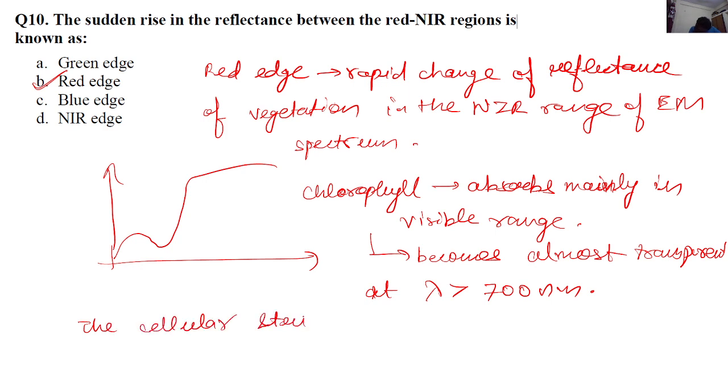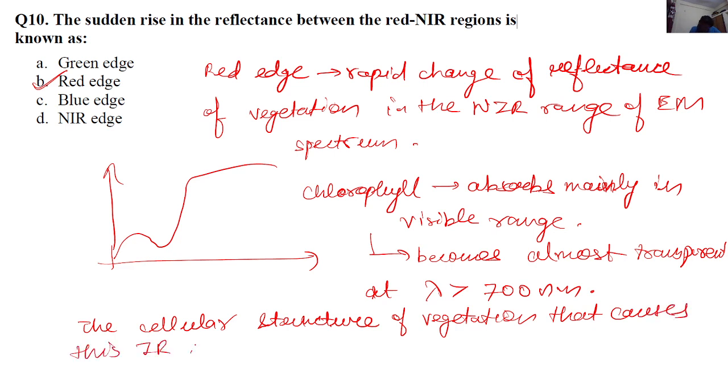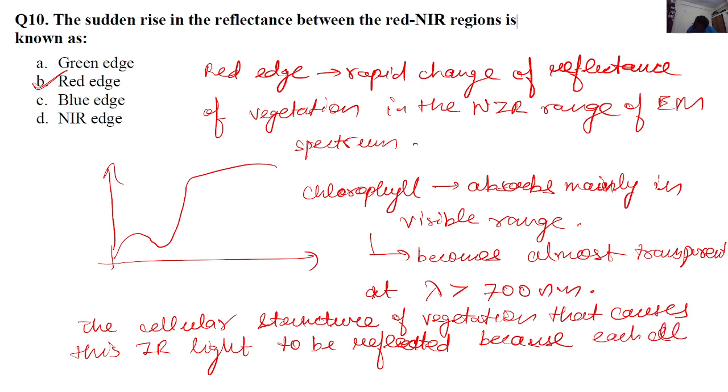The cellular structure of vegetation that causes this infrared light to be reflected, because each cell acts like an elementary corner reflector.